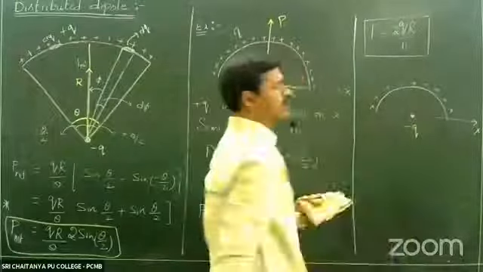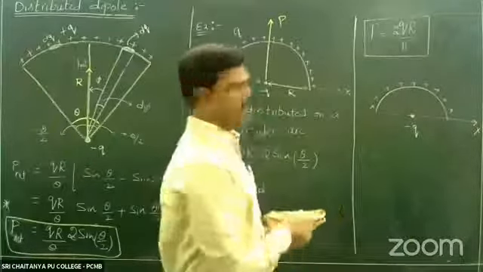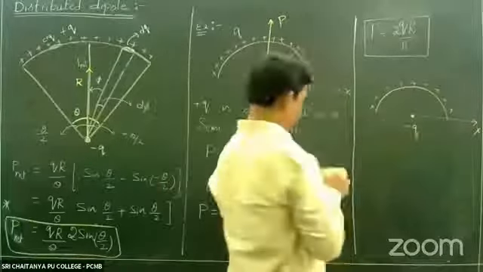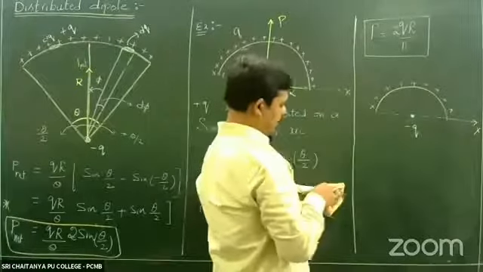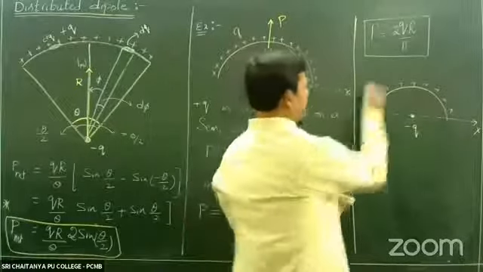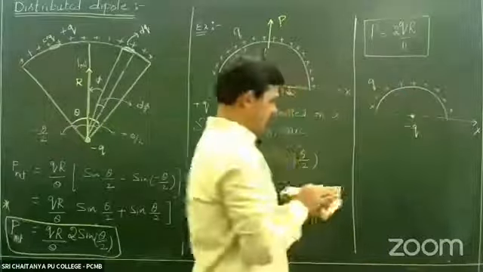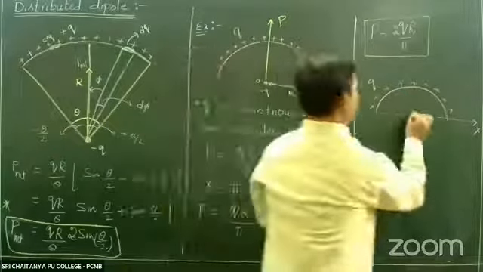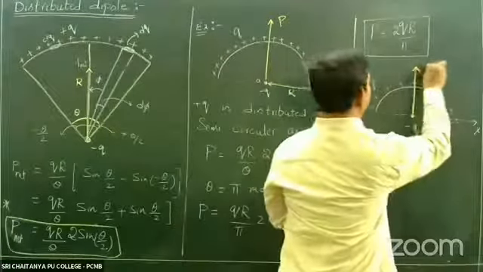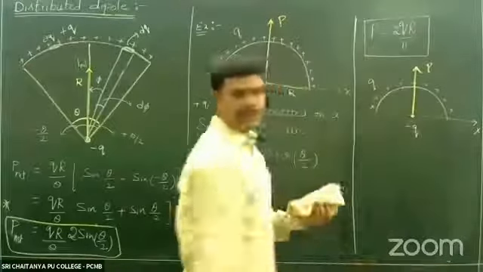What is the direction of the dipole? Here is positive charge, here is negative charge. They asked the question, what is the direction of the dipole? This is the direction of the dipole, from negative to positive, right?